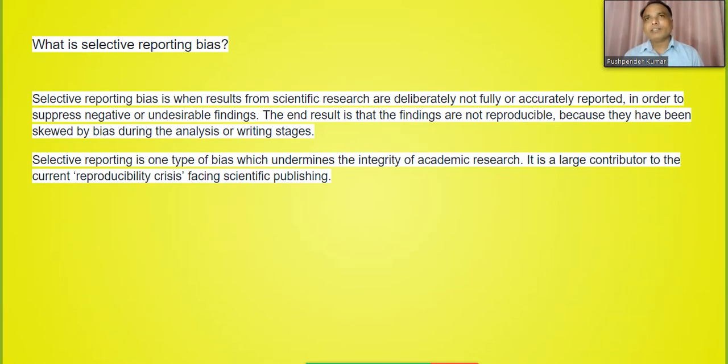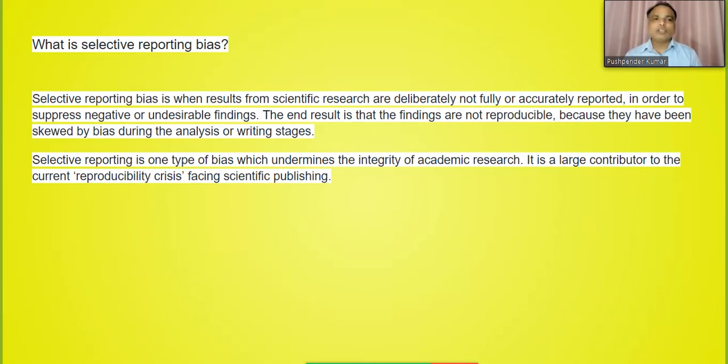So we do it like this. If we don't like something, what will we do? We will feel that this is something wrong, so we should not disclose it. We should not write it. We should not talk about it because it is not as per our understanding or our perception. So selective reporting is one type of bias which undermines the integrity of academic research.